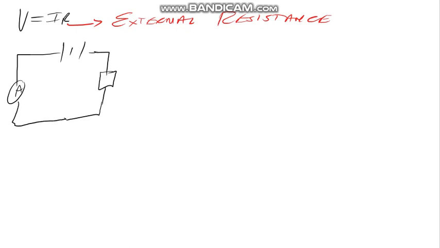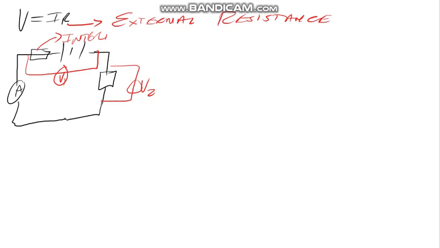You'll have internal resistance that is normally connected next to the cells or your battery. Then it will have another volt drop, which is your V1, and this one will have V2. So the one connected next to the cells is your internal resistance.